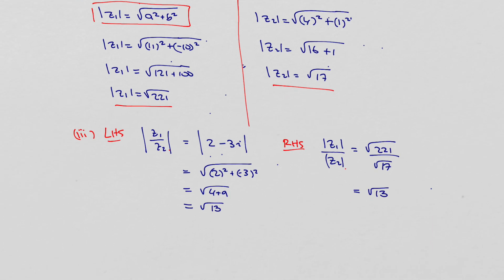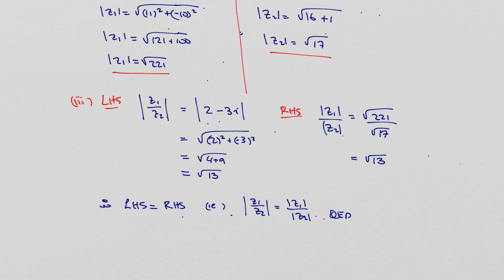So therefore I can see that the left-hand side equals the right-hand side. In other words, that statement is true. It doesn't matter whether I get the modulus of z1 over z2 or get the modulus separately and then do the division. It's the same answer.